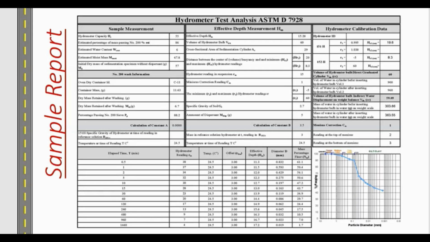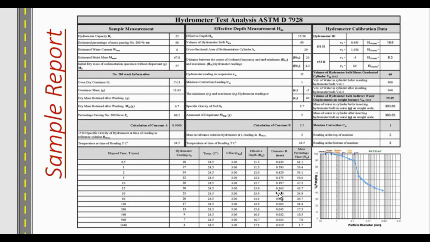This is an example report sheet in which we have calculated the sample measurement, effective depth measurement and hydrometer calibration data for 151H and 152H, that is R1, HR1, HR2, R2, meniscus correction, number 200 wash sieve data after passing number 200, and the hydrometer readings are provided there.